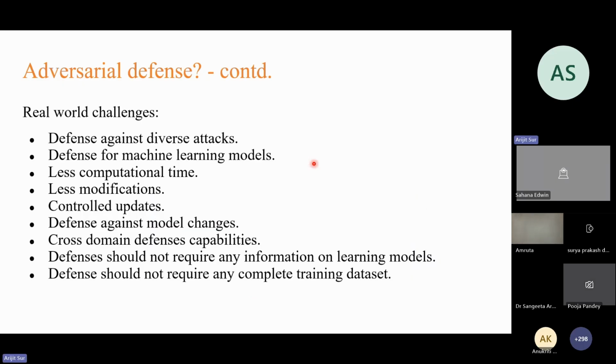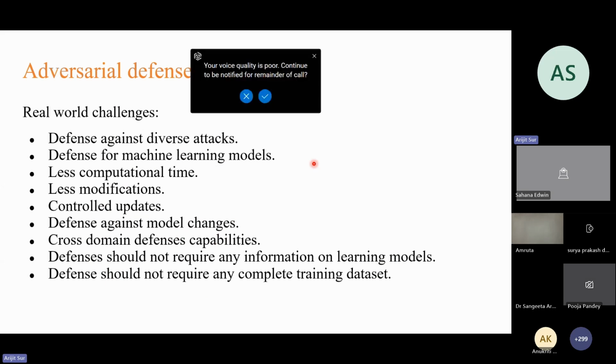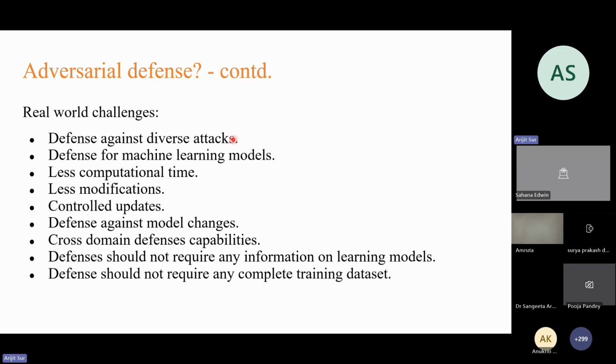Now, this is not a very easy task. It is said to be doable, but there are some very important, heavy challenges we have to face, because the attack types are different.